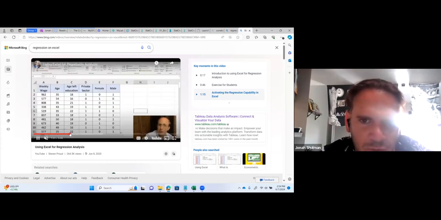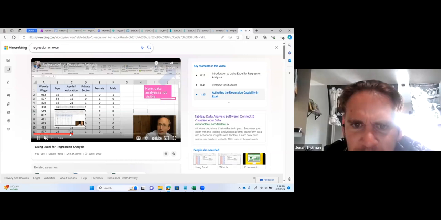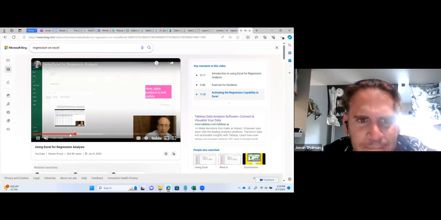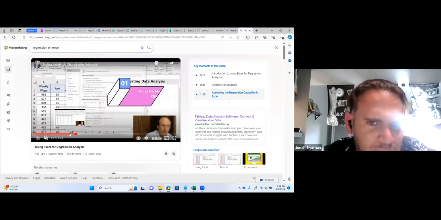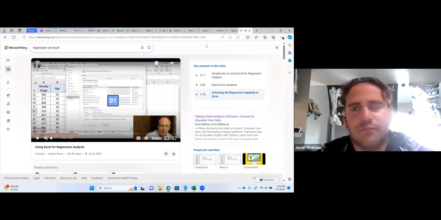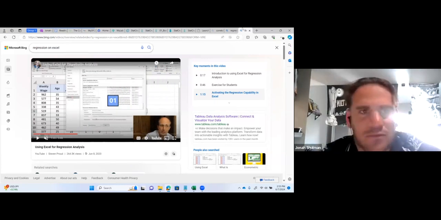Cool. So if you want to do it, you have to go over here on the right. The data is not available. You need to activate that option. Go to File, Options, Add-ins. All right. Let's make it happen so I can go to regression.